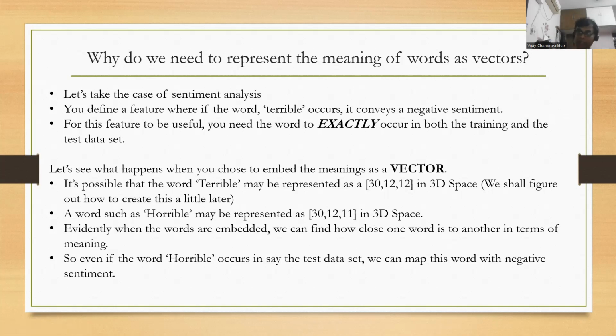Instead, I see horrible, which can be represented using the vector 30, 12, 11. So when I see horrible, I can assume that I am seeing terrible because the similarity between horrible and terrible is high, right?